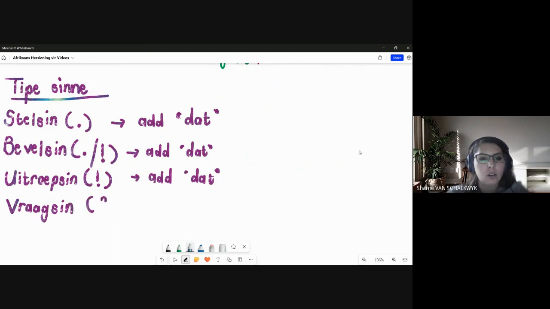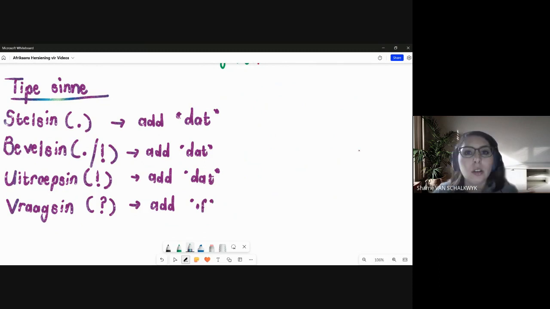And there we recognize it based on a question mark, a vraagteken. For this, you add "of", or what did I say when we did conjunctions? The very last thing I said when we did conjunctions was that question words can also be group 3 conjunctions.